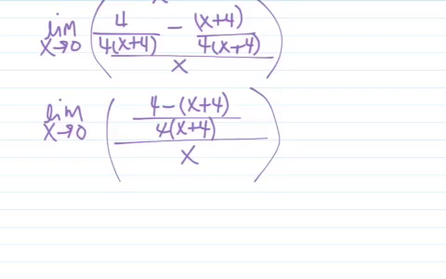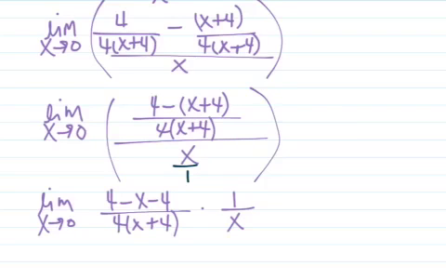And now we have a fraction divided by another fraction, which means we can simply take them out of the giant fraction and multiply by the reciprocal of the denominator. Alright, so I got rid of those parentheses by distributing the negative, and I multiplied by the reciprocal of our denominator, and this is where we can finally start canceling stuff out.